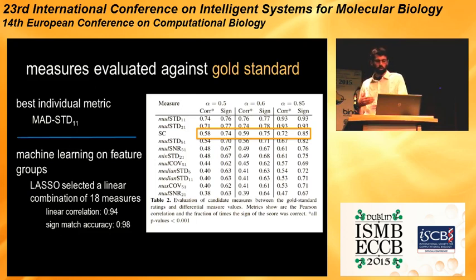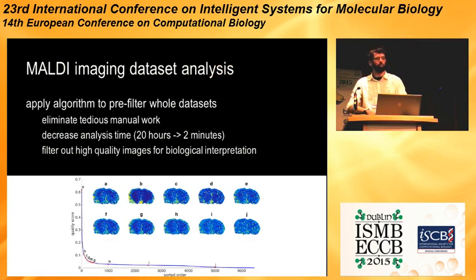We also tried some machine learning on combinations of these, but we didn't really see much improvement over the individual measures. So we now had some measures that we felt stacked up pretty closely to what the experts were thinking. And so we want to use these to replace this manual data trawling part of the analytical process.